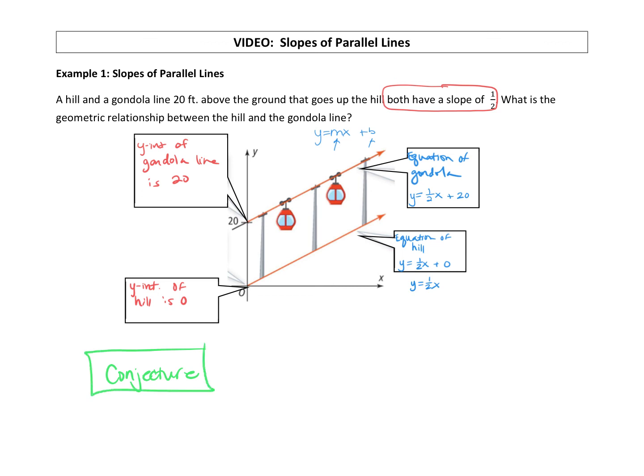Our conjecture is if two linear equations have the same slope, then the graphs of the equations are parallel.